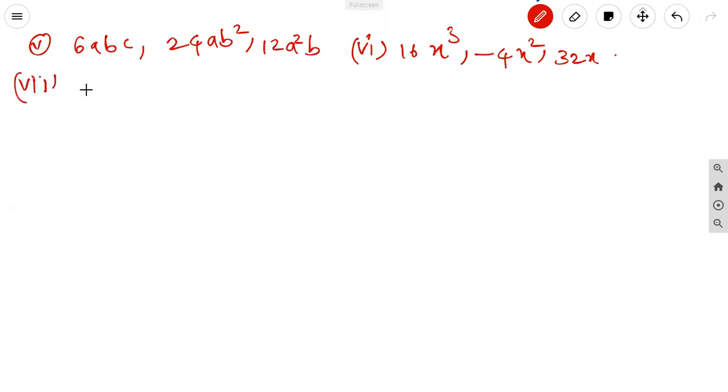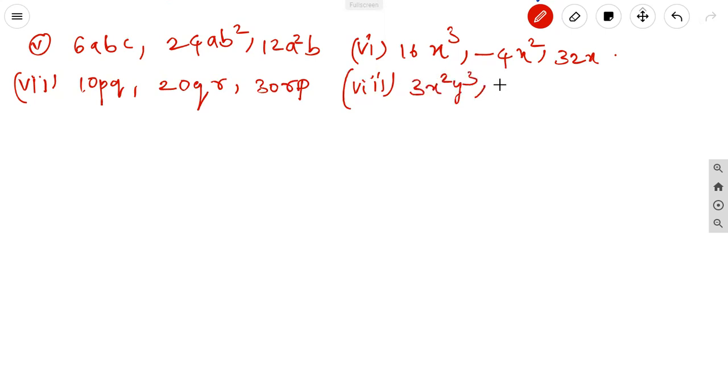Seventh one, 10pq, 20qr, 30rp. Eighth one, 3x square y cube, 10x cube y square, 6x square y square z.